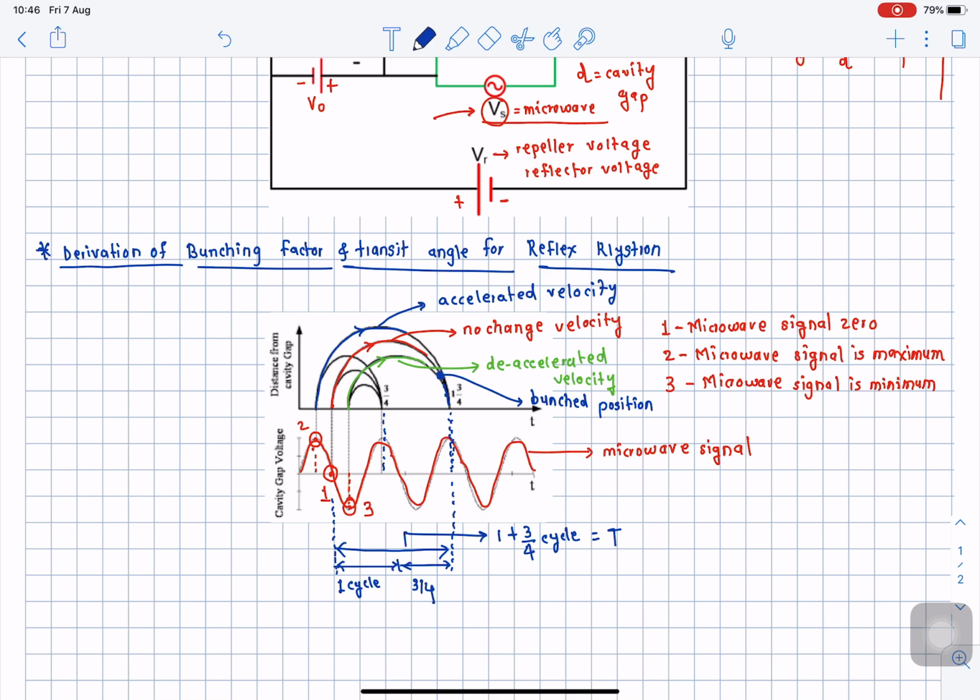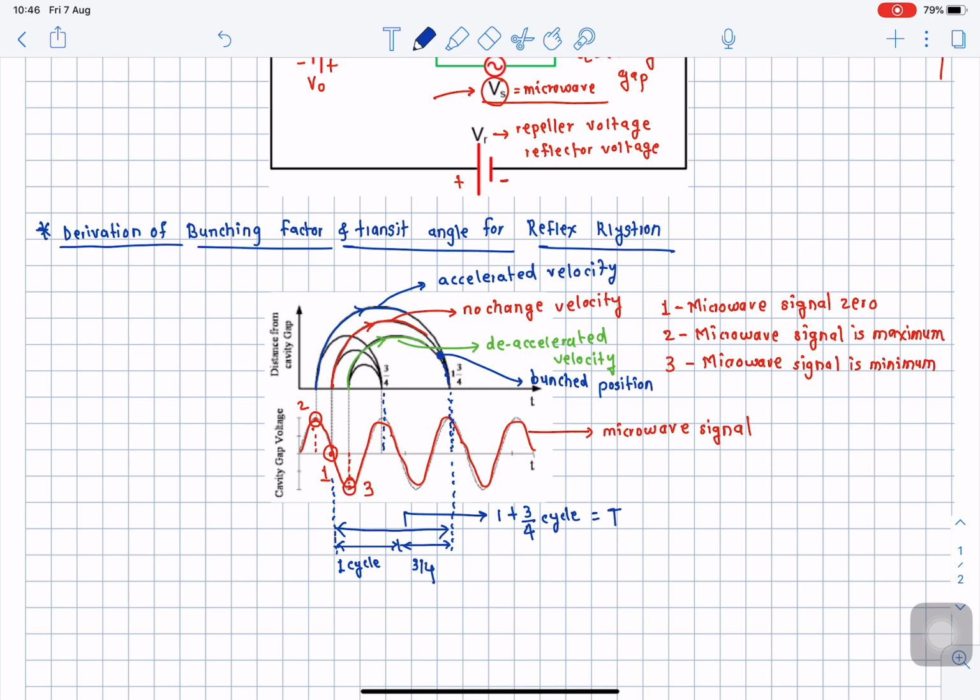This particular diagram clearly demonstrates how the bunching takes place at a specific time interval in the case of the reflex klystron. Here we found that the bunching takes place in a larger amount with large power at the cycle 1 and 3/4 of the microwave signal. Bunching also takes place at a smaller distance, that is at 3/4, but please remember that at 3/4 cycle of the microwave signal, the bunching will not provide the maximum amount of energy.